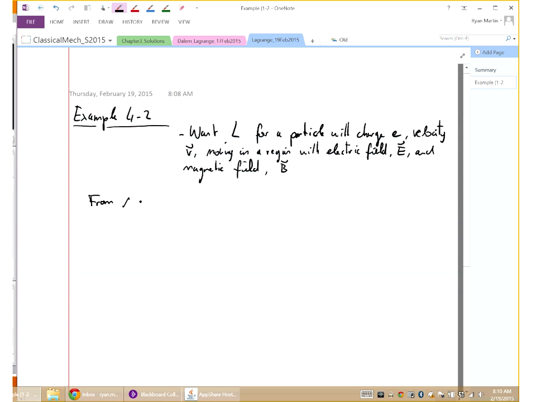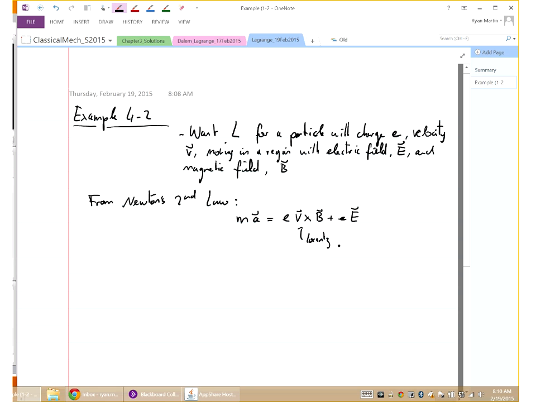So from Newton's second law, we know that we should have an equation of motion that's something like ma equals e times v cross B, the Lorentz force, plus e, the charge, times the electric field, right?